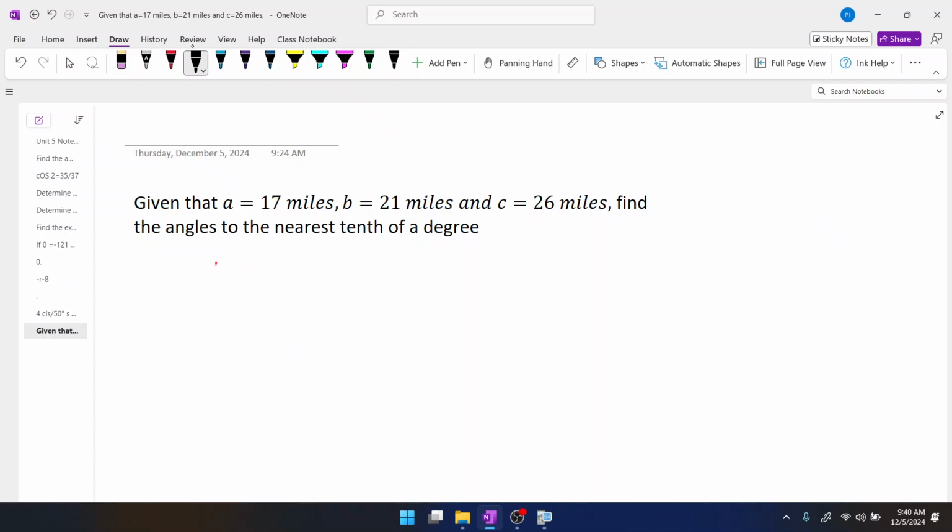We can start with C, or we could start with A. It really doesn't matter. You have A squared equal to B squared plus C squared minus 2BC times cosine of A. And we subtract B squared and C squared.